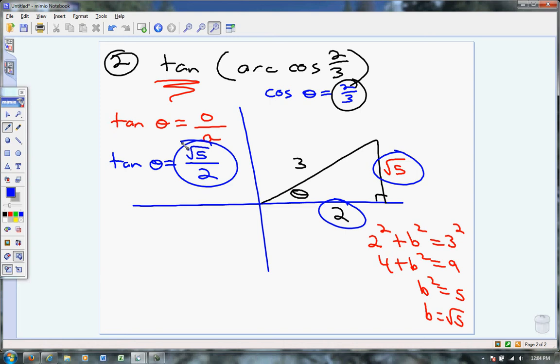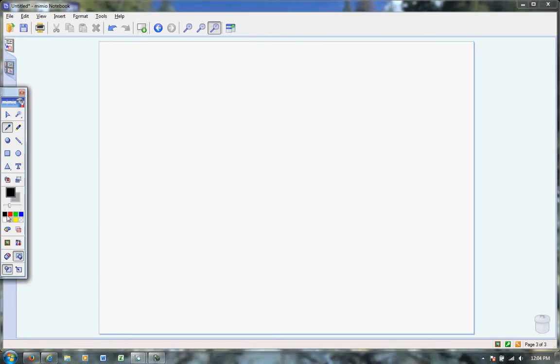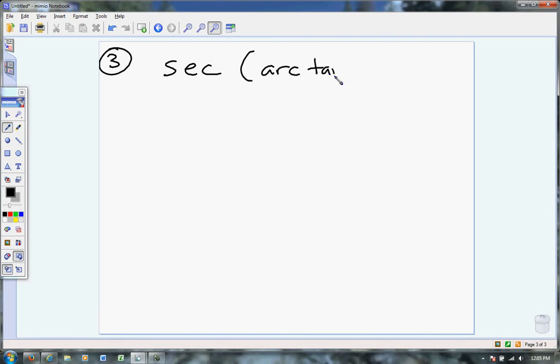We're going to do one more of these before we look at a couple word problems, just because people have a tendency sometimes to forget how to work with secant and cosecant. They're not any harder, they're just the reciprocal. So we see the secant of the inverse tangent of -4/5. Why don't we just do this now and get it out of the way? Secant is the brother to who? Cosine.